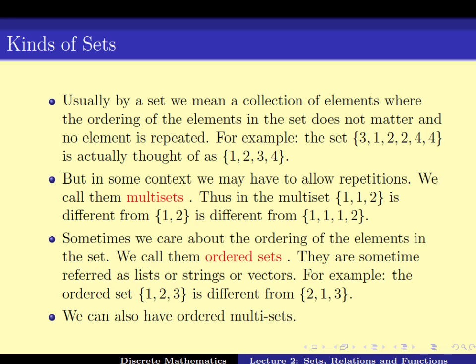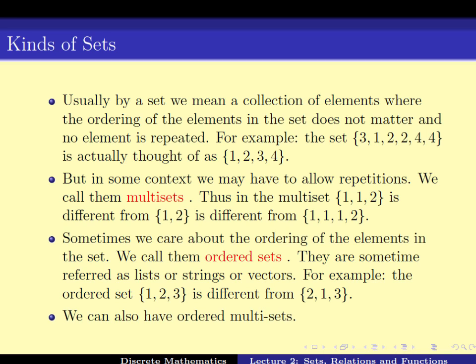The third kind of set is what we call an ordered set. So these are the sets where the ordering matters. That means that if I tell you the set comprises 1, 2 and 3, this is different from if I tell you that the set comprises 3, 2 and 1, or that the set comprises 3, 1 and 2, because the ordering of the elements in this set matters.